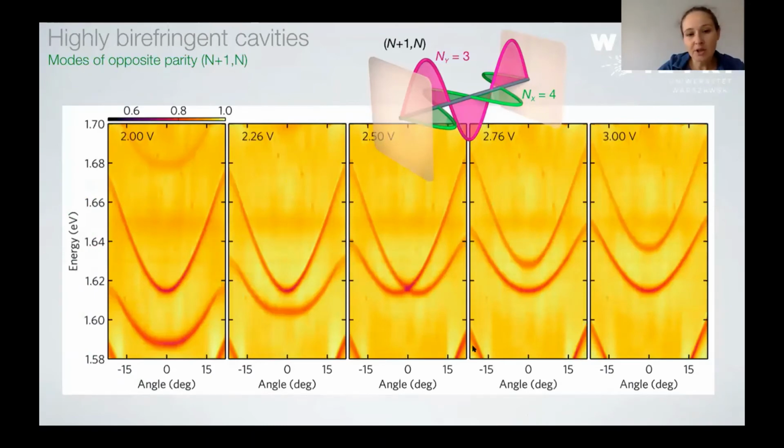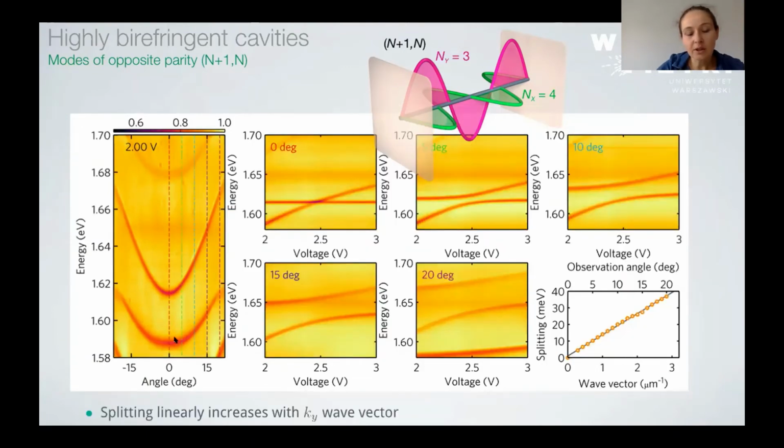In the Rashba regime, when we slightly tune the molecule, we approach this regime when the modes touch, and when we go beyond this point, we have the anti-crossing. When we look at the different momentum, we know that the splitting of the modes scales linearly with the wave vector.